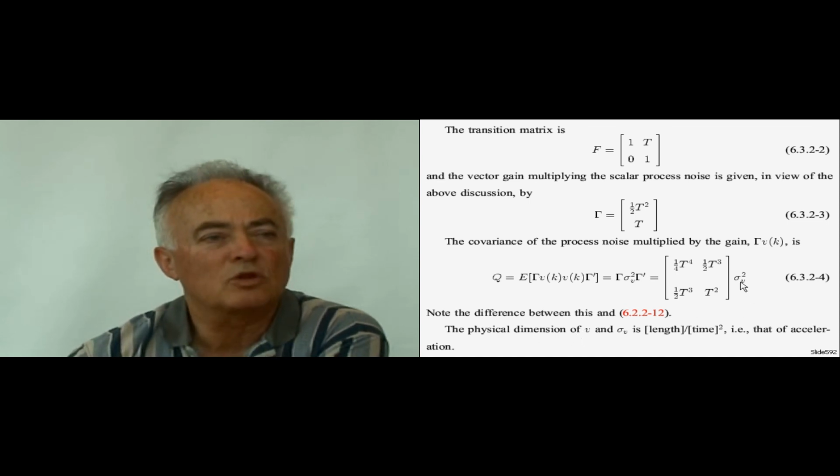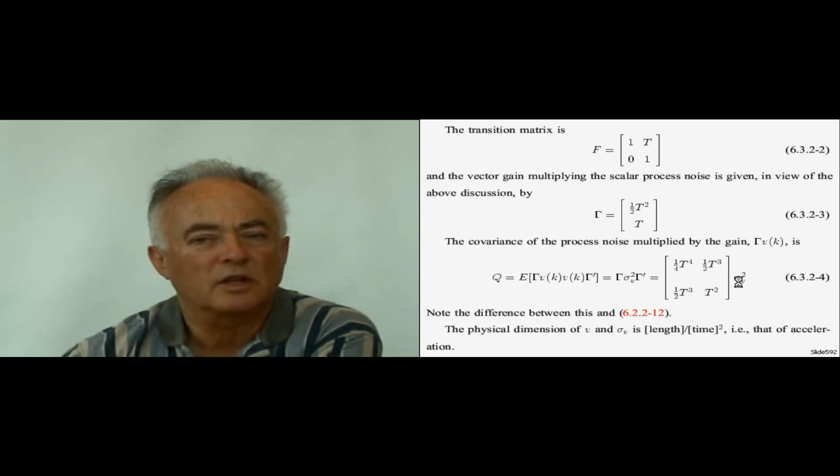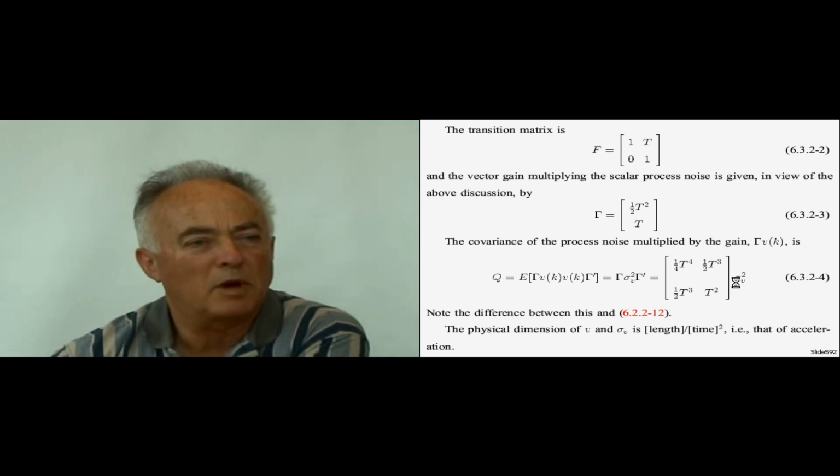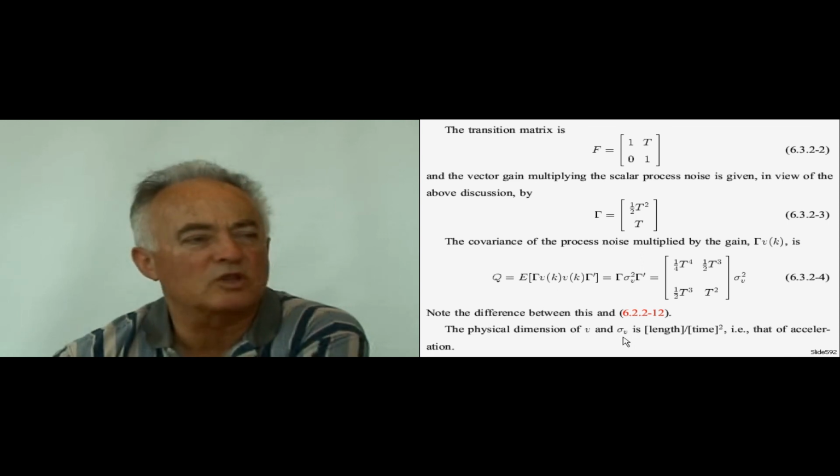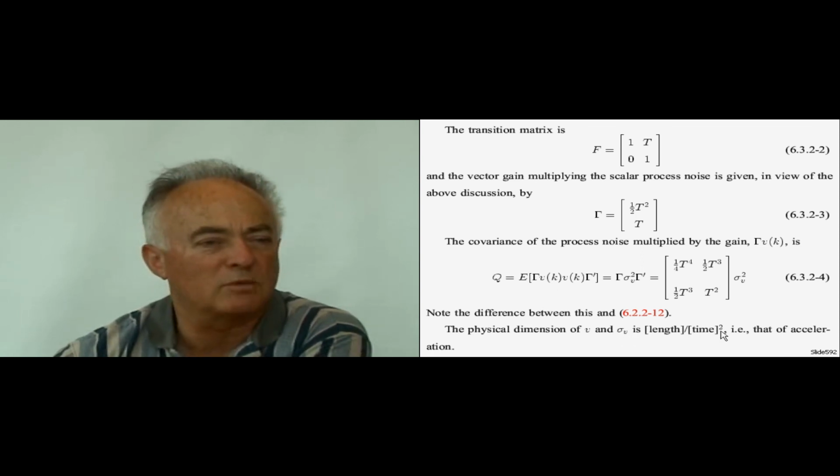Since the dimension of Q tilde was length squared over time to the power 3, it's important to designate here that what we have now is the physical dimension of V, the process noise, is acceleration, and sigma v, its standard deviation, are both length over time squared.